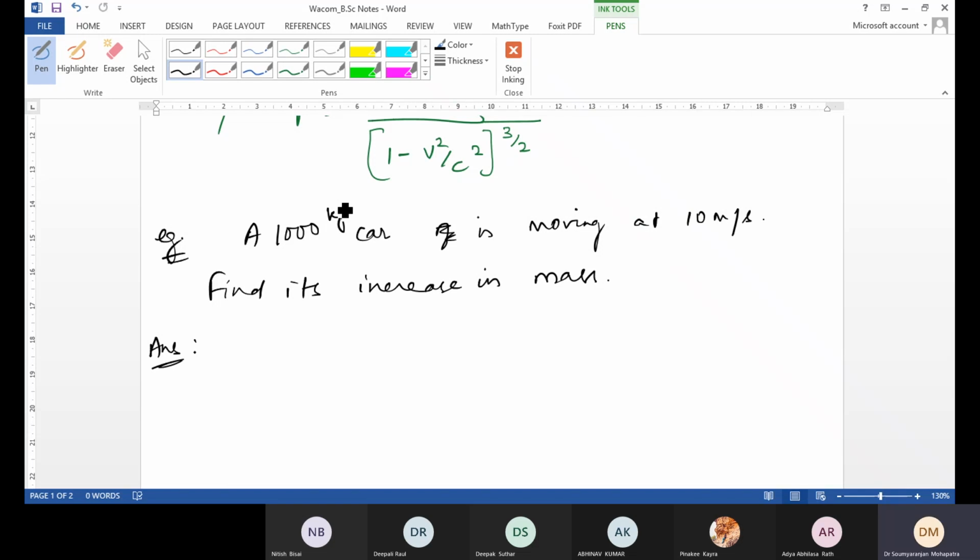I'll give you a hint: m naught is given to you, that is 1000 kg, and v is given, that is 10 meter per second. So find out what v by c is. 10 divided by 3 into 10 to the power 8, so this becomes roughly something into 10 to the power minus 7.